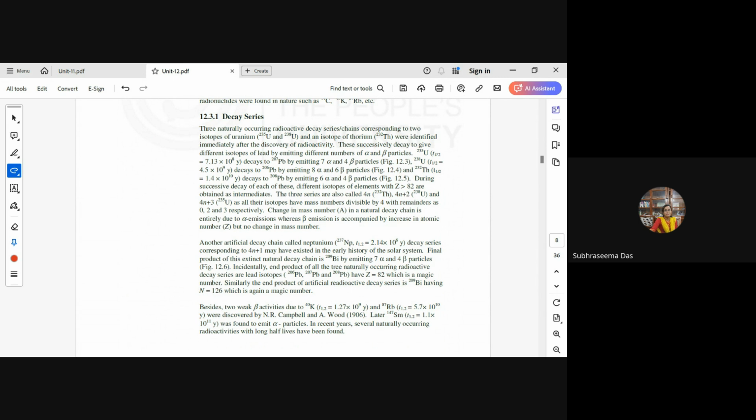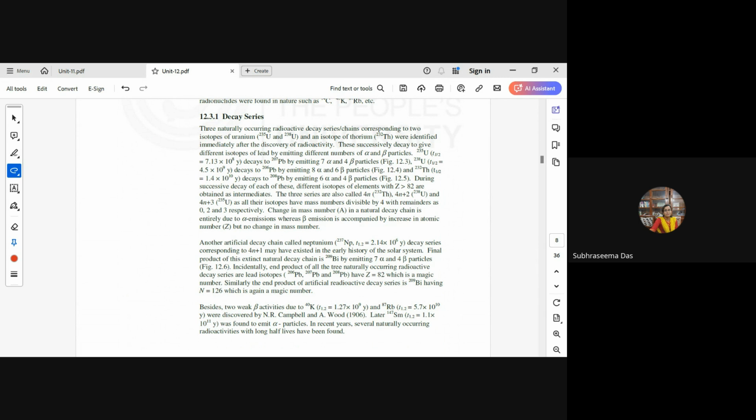These radioactive elements successively decay to give different isotopes of lead. The spontaneous emission keeps occurring till a stable element is obtained. These elements undergo successive decay processes, emitting different types of alpha and beta particles until a stable isotope is reached.